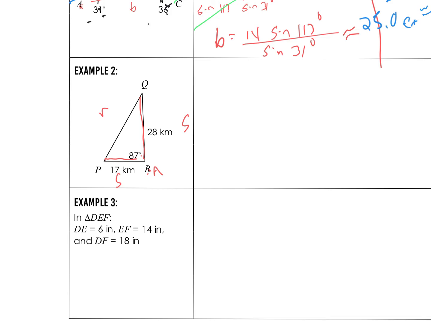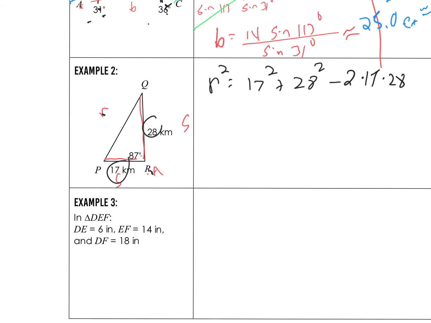If you're looking for a side opposite of the angle you have with law of cosines, we do this. R squared must be equal to each of these two sides being squared: 17 squared plus 28 squared minus 2 times 17 times 28.